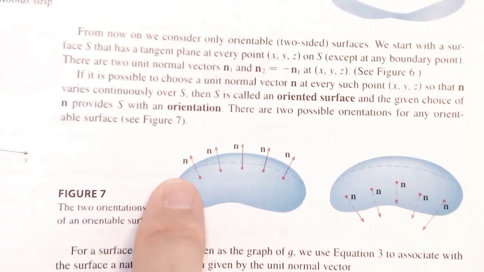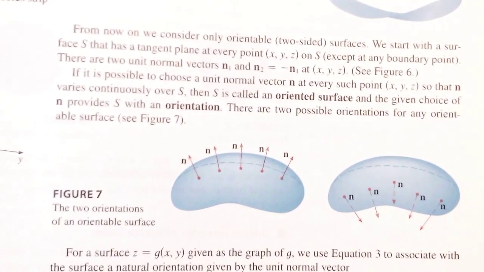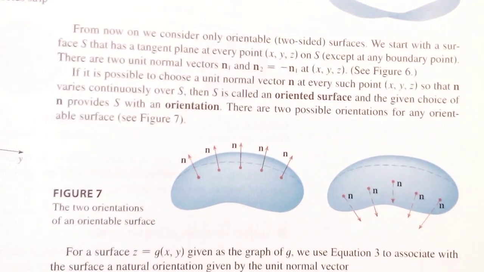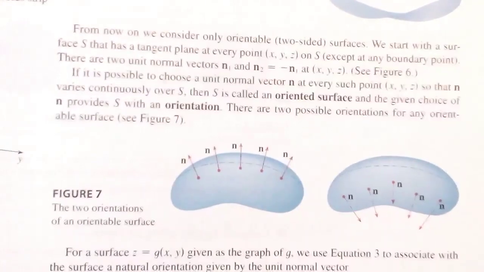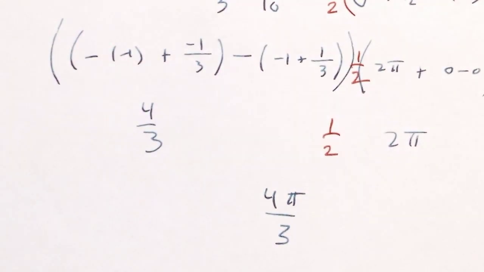If I have the partial derivative with respect to x and the partial derivative with respect to y, I take fx cross fy, I'm going up. If I take fy cross fx, I'm going down. So I can decide which one I want to use. And most of the time, I want a normal vector that points upward.